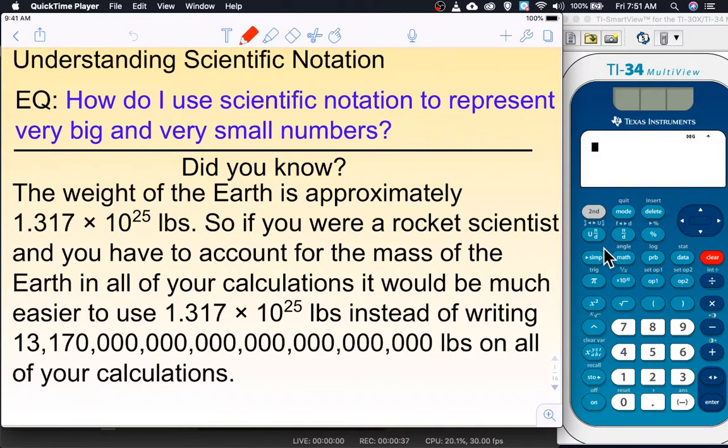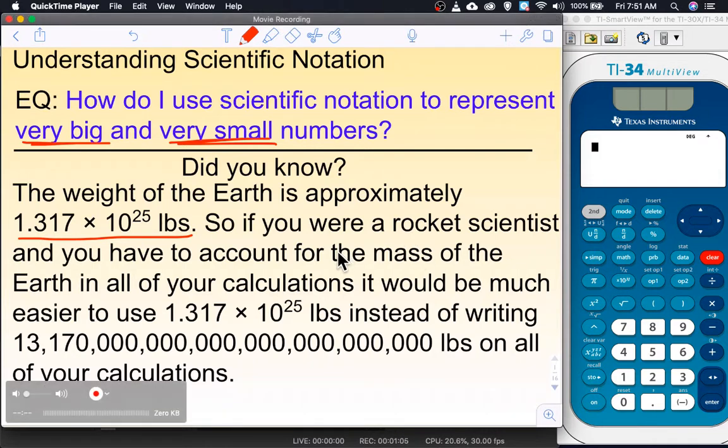The essential question says, how do I use scientific notation to represent very big and very small numbers? Your previous experience with scientific notation probably only talked about very big numbers, like in the Did You Know? Did you know that the weight of the Earth is approximately 1.317 times 10 to the 25th pounds?